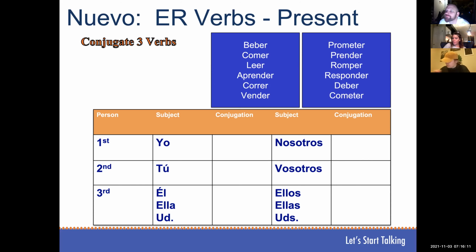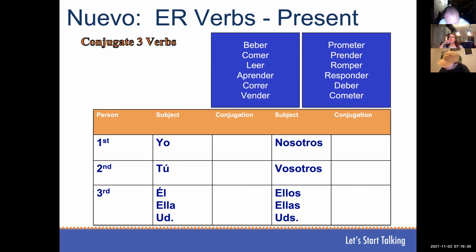Prender, to turn on, like to turn on the television, to start your car.